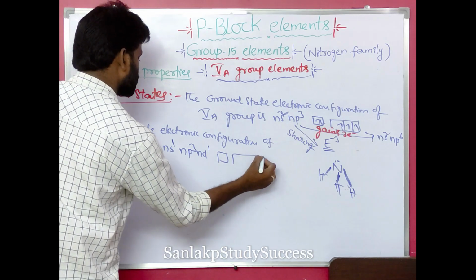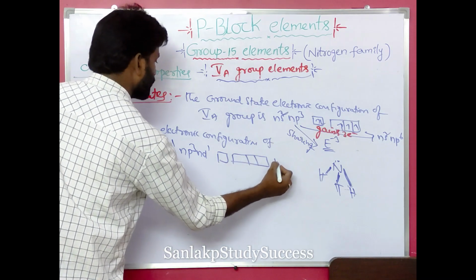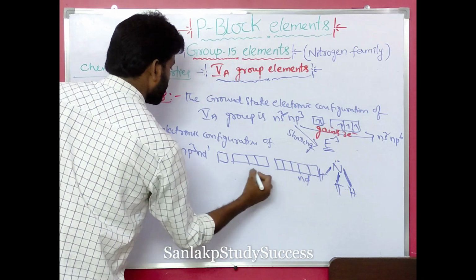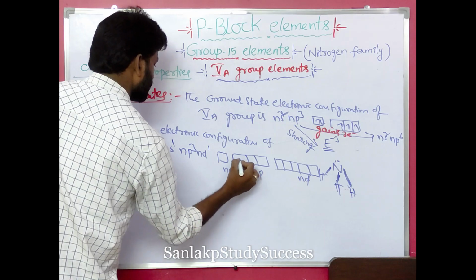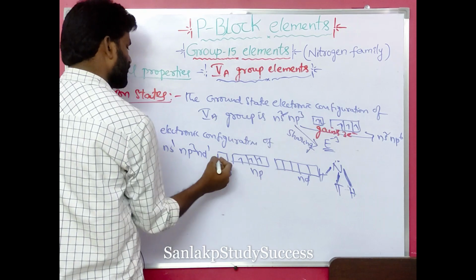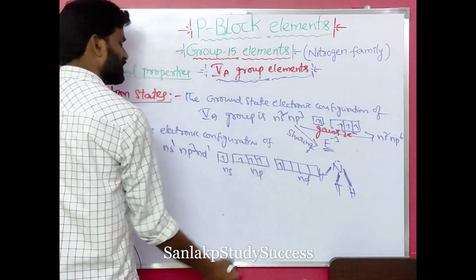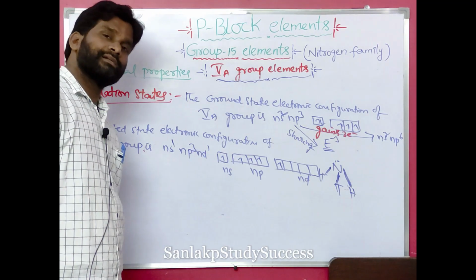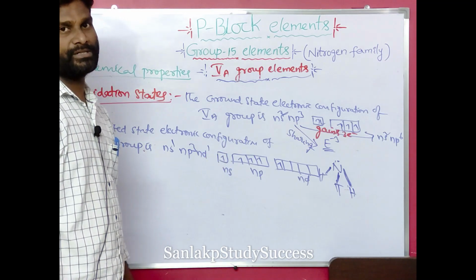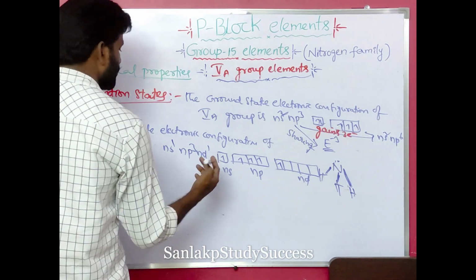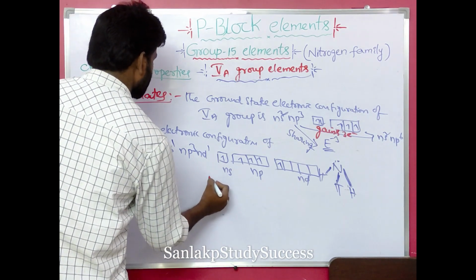Here the paired electron in ns is promoted to the outer orbital, nd. It contains 3 single electrons in the p, and the ns electron is promoted to the outer orbital. So in the excited state, it contains 5 unpaired electrons. These 5 single electrons can be involved in bond formation, sharing or losing, which gives a +5 oxidation state.